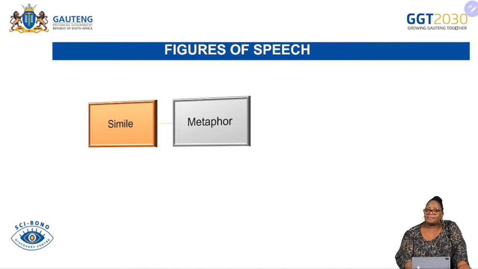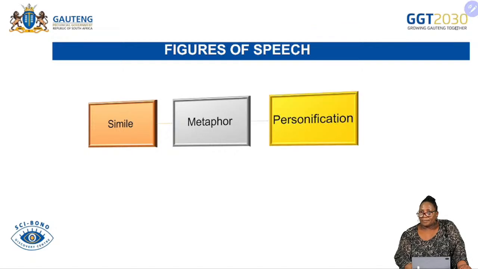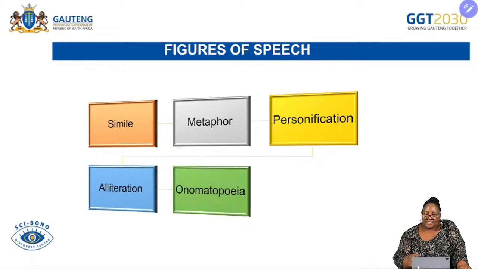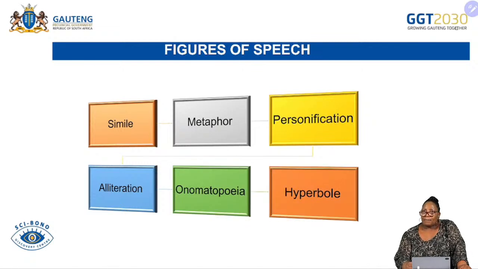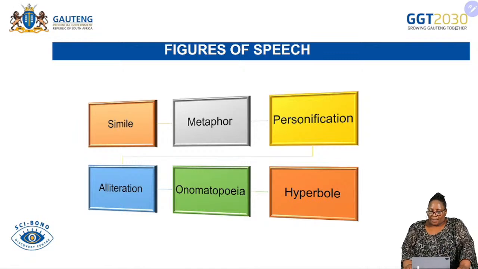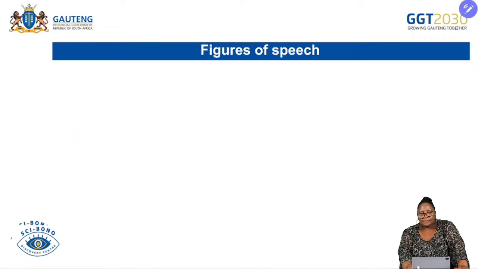A simile, metaphor, personification, alliteration, onomatopoeia, and hyperbole. These are the most common figures of speech that we engage with in English Paper 2.